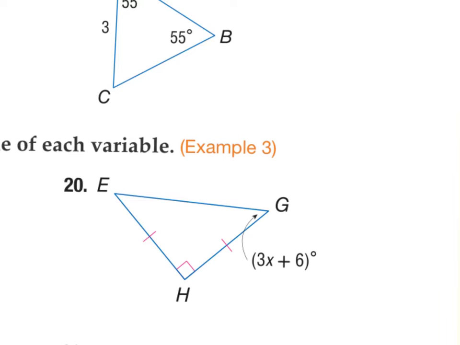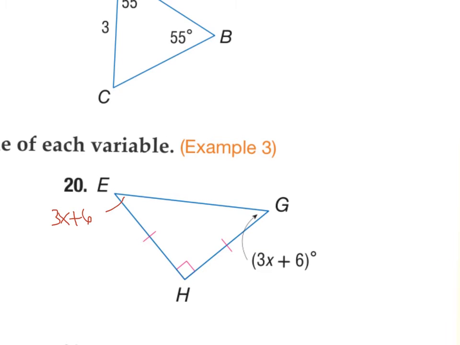All right, so now let's do number 20, which is pretty simple because it's an isosceles triangle, right? So if this angle right here is 3x plus 6, this angle right here is also the same thing, 3x plus 6.